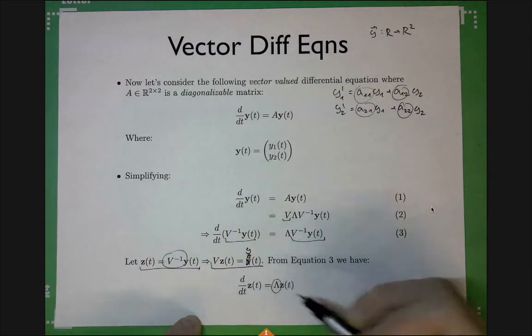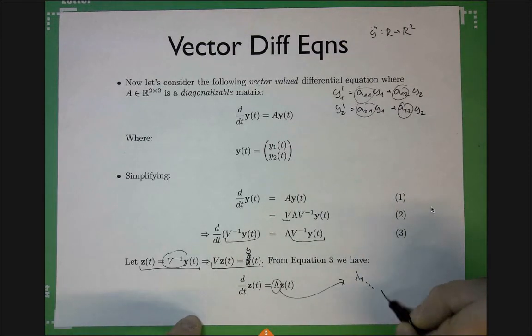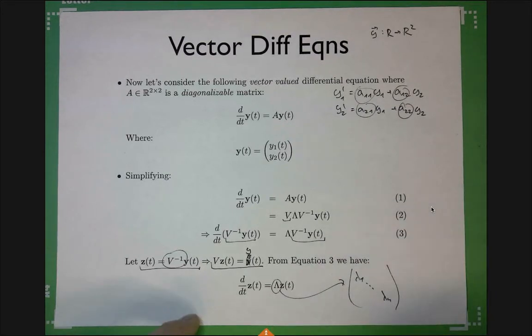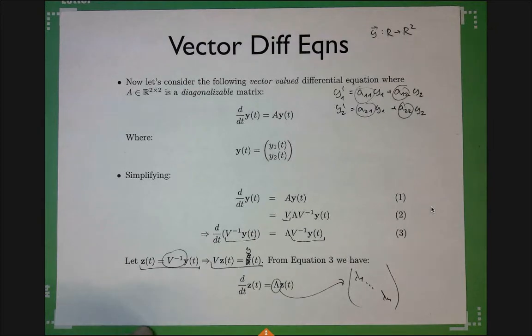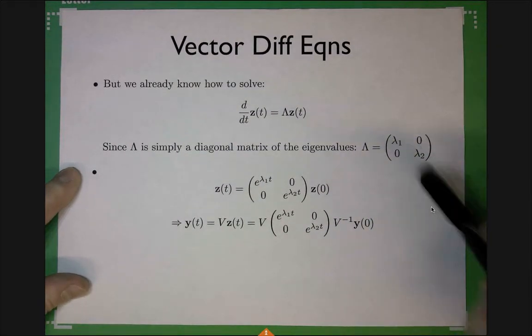But the lambda here is a diagonal matrix, a matrix lambda 1 to lambda n, with zeros everywhere else. That's a matrix of eigenvalues. So this we already know how to solve. This is what I was showing before. We would even know how to solve it for more than 2 by 2.